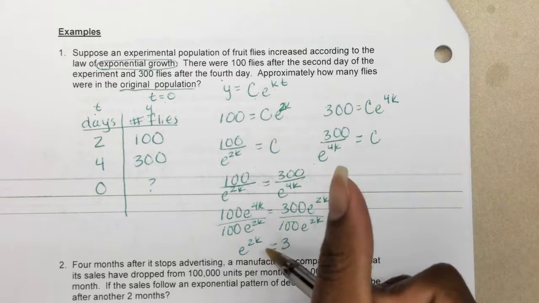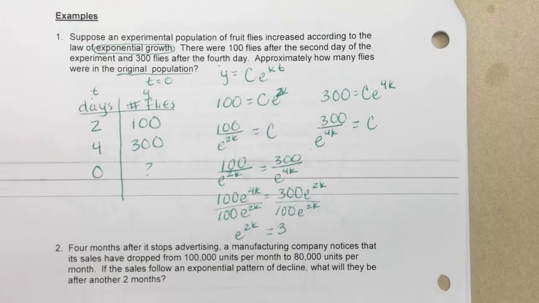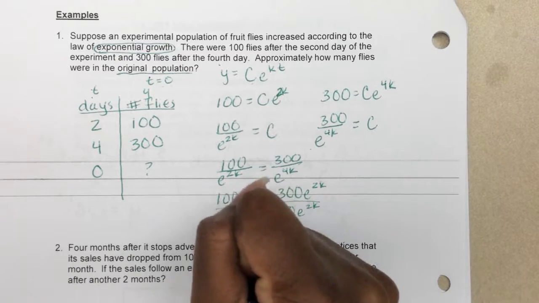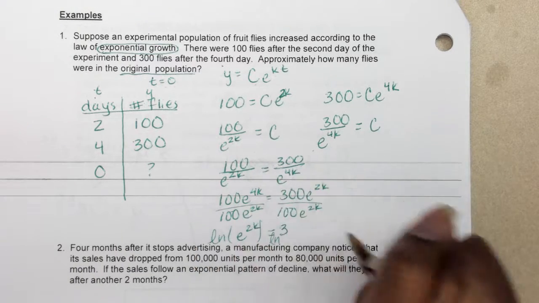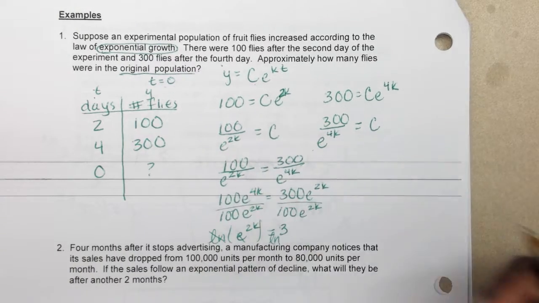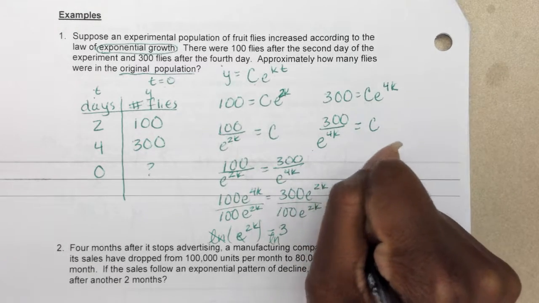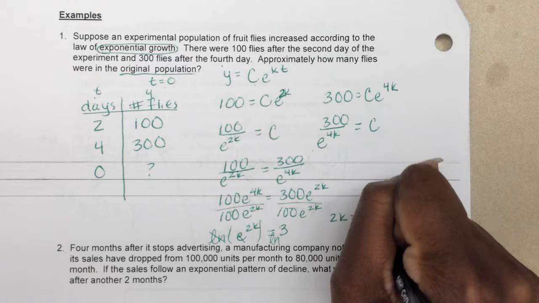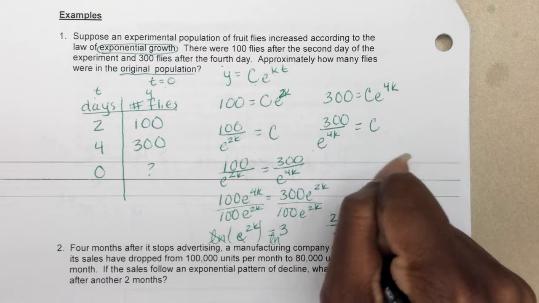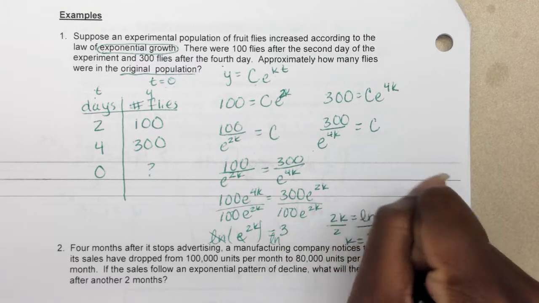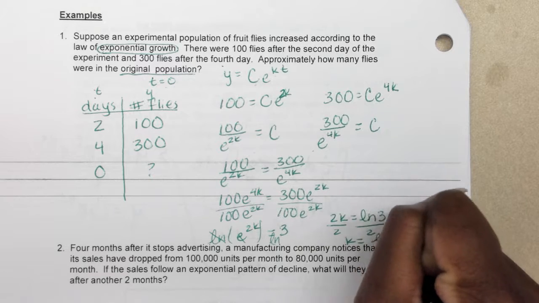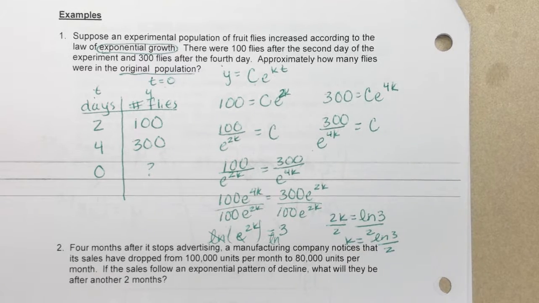Then, to get k by itself, we'll take the ln of both sides. Ln will cancel out with e. So 2k is equal to ln of 3, divided by 2. K equals ln of 3 over 2.